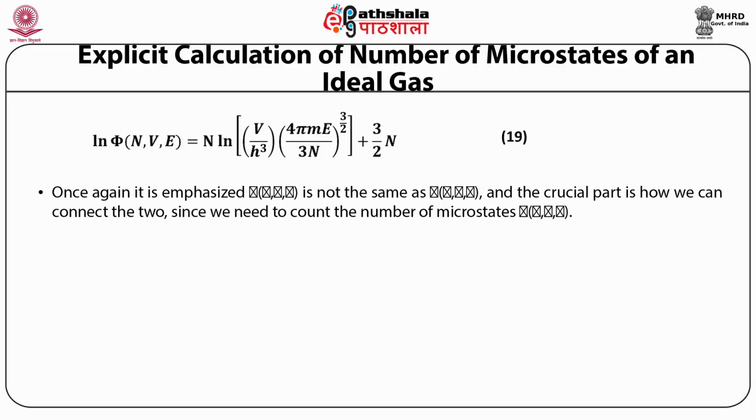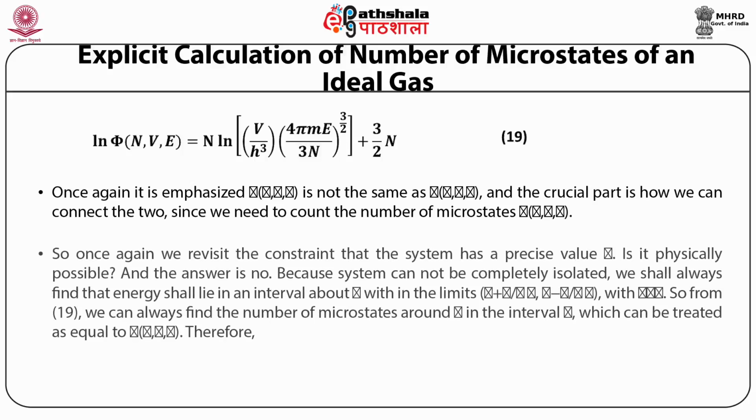And the crucial part is how we connect the two, since we need to count the number of microstates omega as a function of n, V and E. So once again we revisit the constraint that the system has a precise value E. Is it physically possible? The answer is no, because a system cannot be completely isolated.